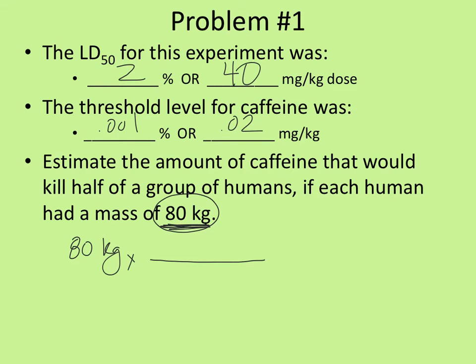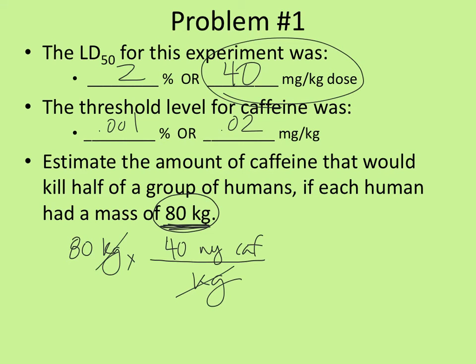We know from up here that the LD50 was 40 milligrams of caffeine per 1 kilogram of body weight. So you would cross out the kilograms, and what you're left with is 80 times 40, which is 3200, and the unit is milligrams of caffeine.